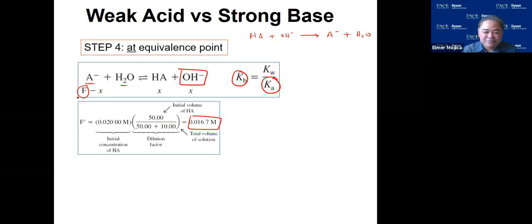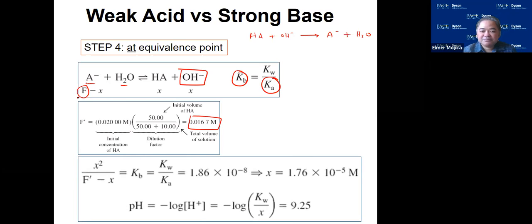And what will happen? So you have here 0.0167, and then you have x, and then you have minus x, plus x, plus x. So you end up with x, 0.0167 minus x.